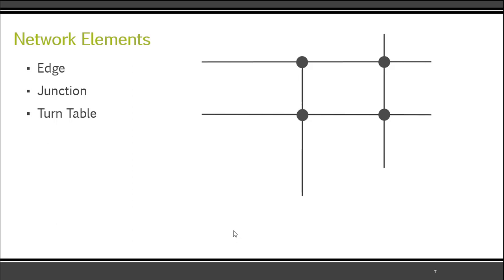But the way that these networks are built is that they adhere to topology rules: all features that overlap are going to break at that overlap, meaning that you're going to have coincident endpoints every time a line crosses. Those coincident endpoints are turned into what's called junctions in your network. And that is where an agent gets the choice to move in a single direction or to change their direction along the network.